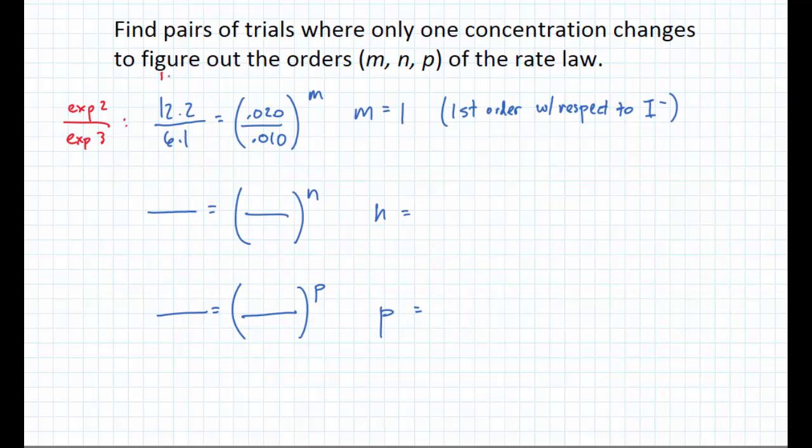In each case, it's the rates divided, it's the concentrations divided inside the parentheses with the exponent. So give that a try. But remember, it has to be a pair of trials where that substance you're looking for is the only thing that's changing. Everything else has to be the same, otherwise it doesn't work.